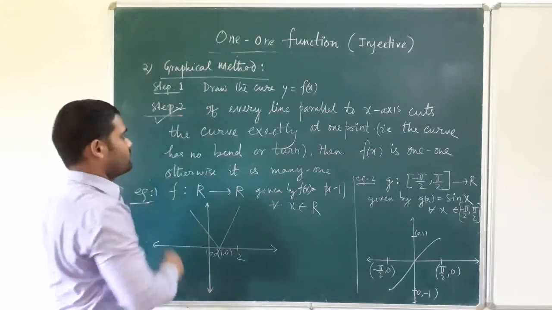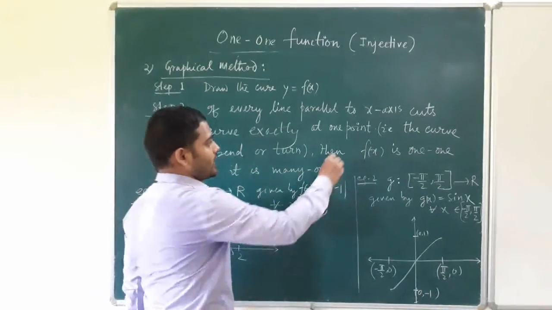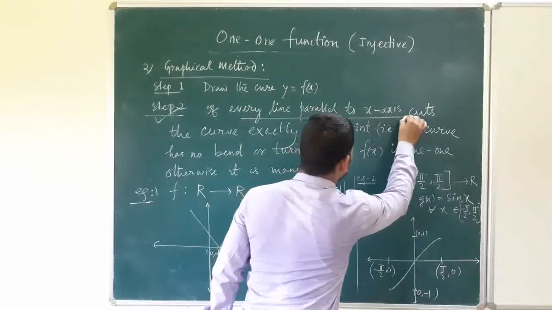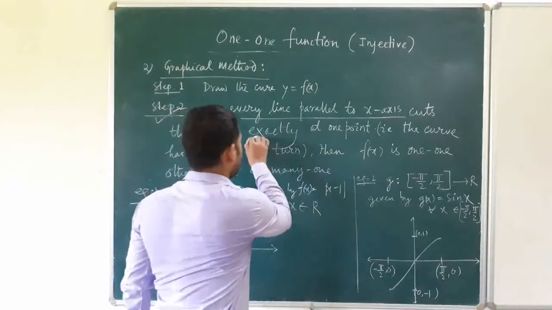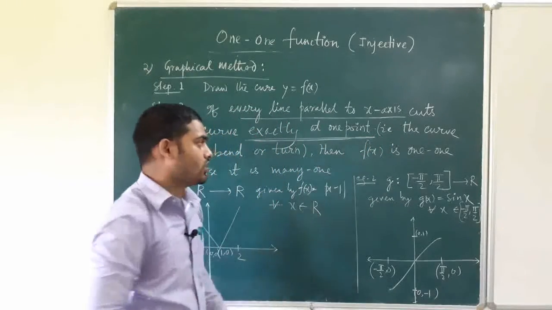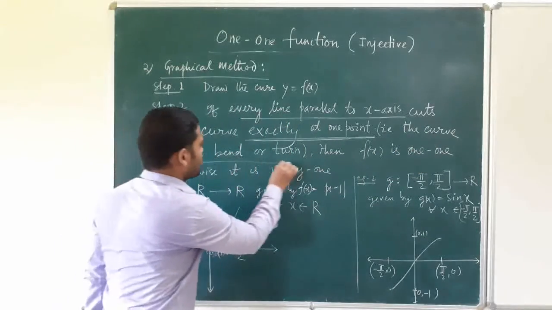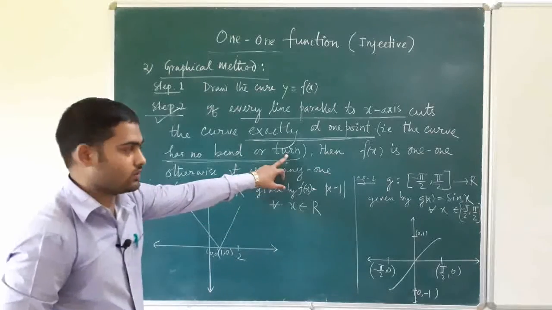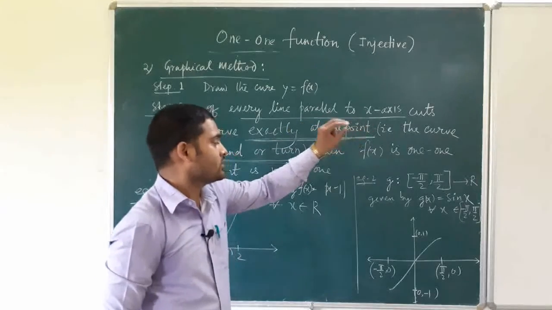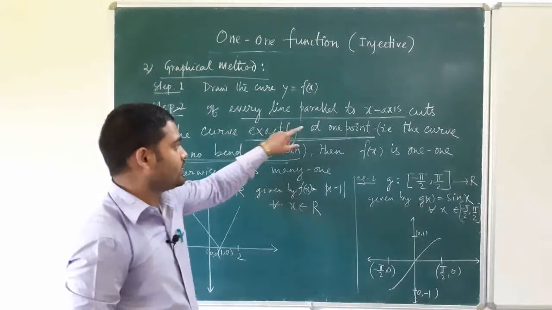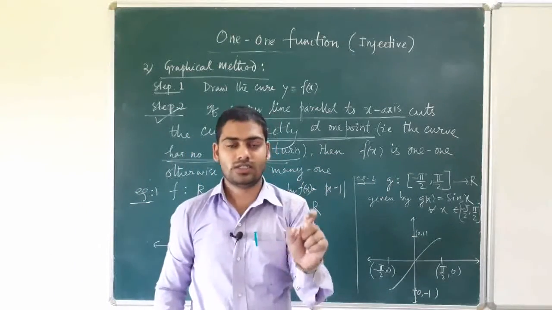And second step, if every line parallel to the x-axis cuts the curve exactly at one point, that is, the curve has no bends or no turn, you remember this one, then we can say the function is 1-1.